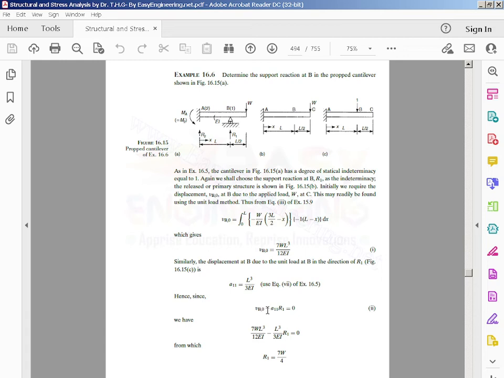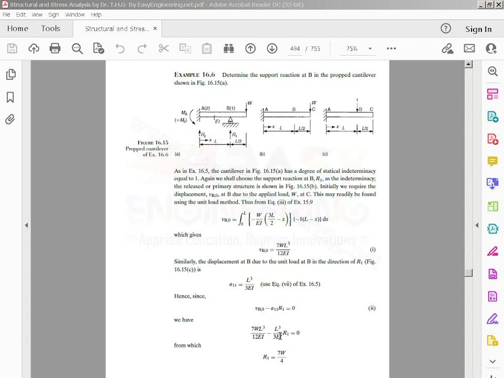Since VB0 minus A11 R1 equals 0, you get VB0 is 7WL cubed over 12EI minus L cubed over 3EI times R1. So you move that to the other side, and you've got 7WL cubed over 12EI equals L cubed over 3EI times R1. Divide both sides by L cubed, so that removes L cubed, and then times both sides by 3.